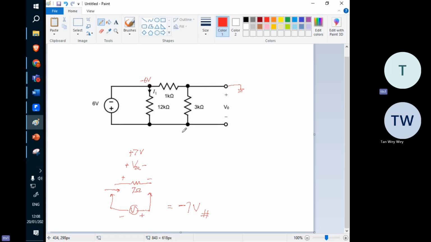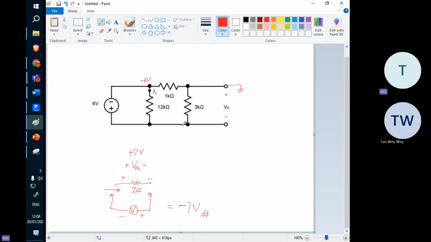Another example. Let me give another example, because this is quite important, even though it's really basic. You see the current I1 is flowing from the top to the bottom. This is what we assume.